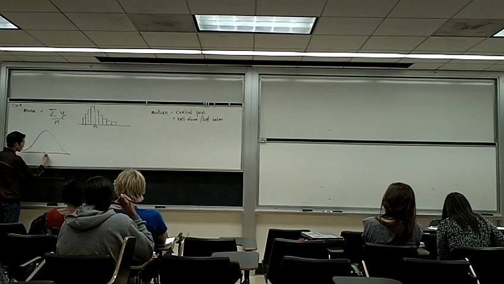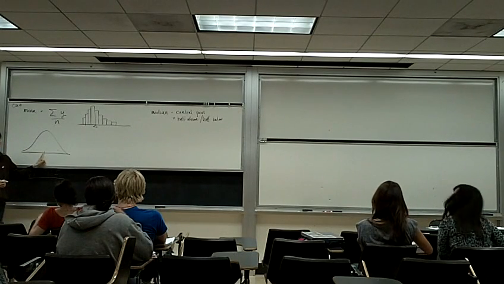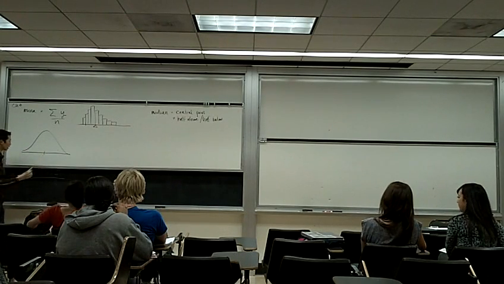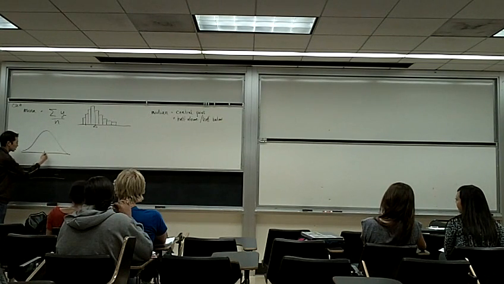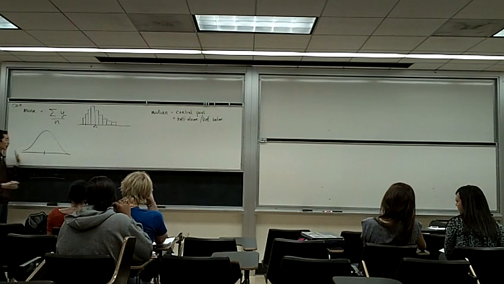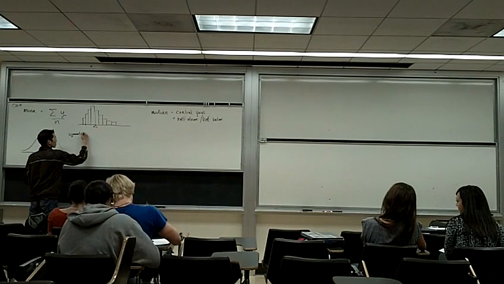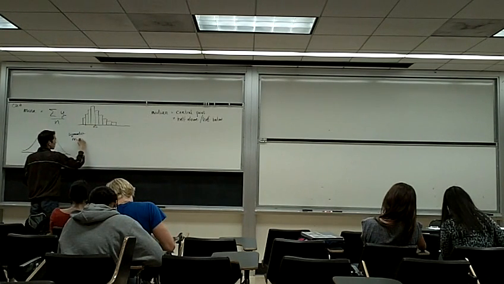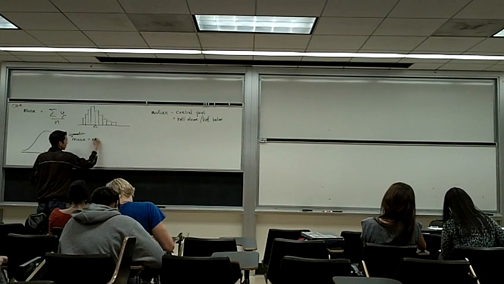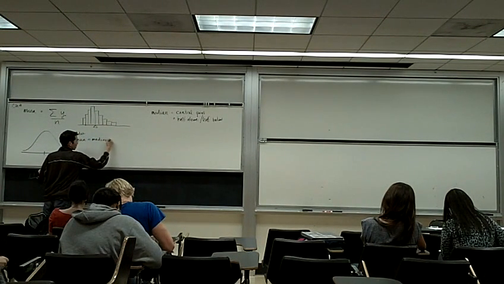For a symmetric distribution, the mean would be at the center. This is the balancing point. And the median is also at the center, and we would have half the points above and half the points below. So just remember that for symmetric, the mean is equal to the median.